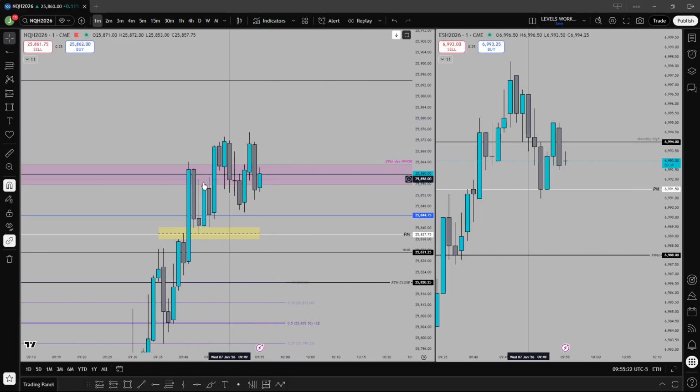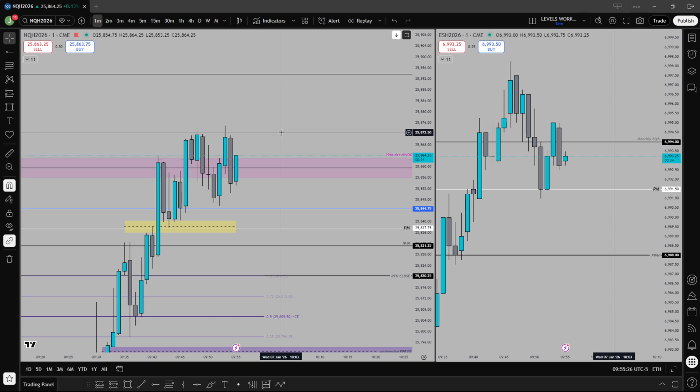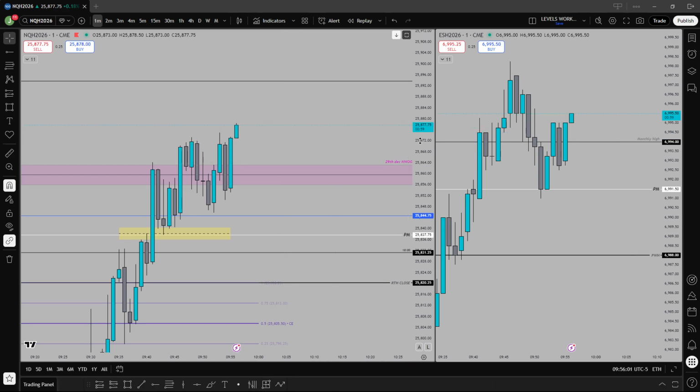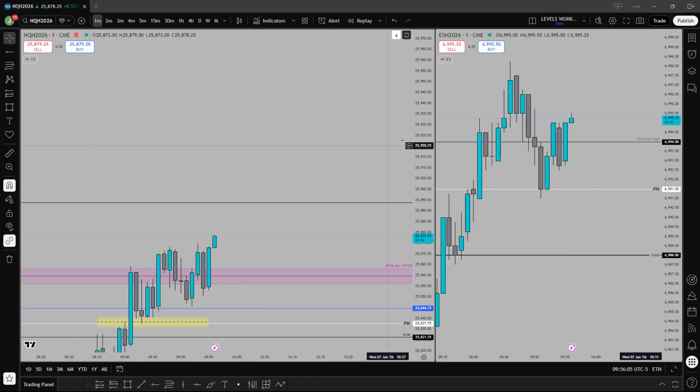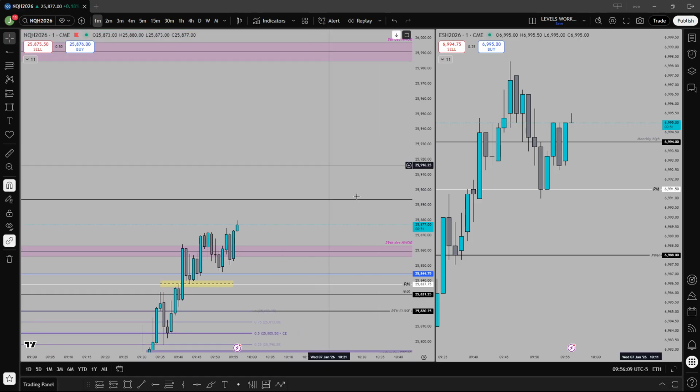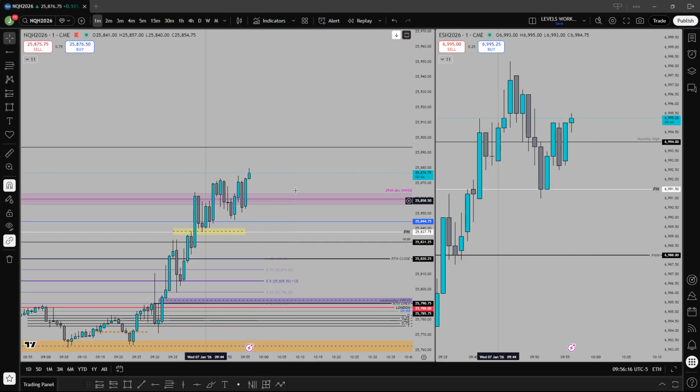This is time distortion for 10 a.m. If it taps the weekly high, I'm gonna just sit here for 10 to 15 minutes more, because then the day's objective, according to me, would be reached.